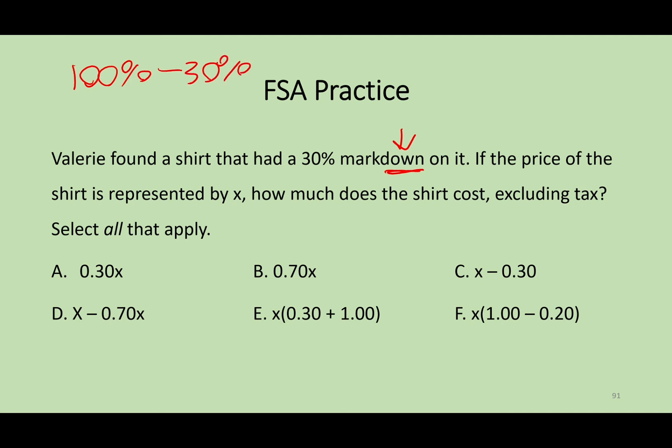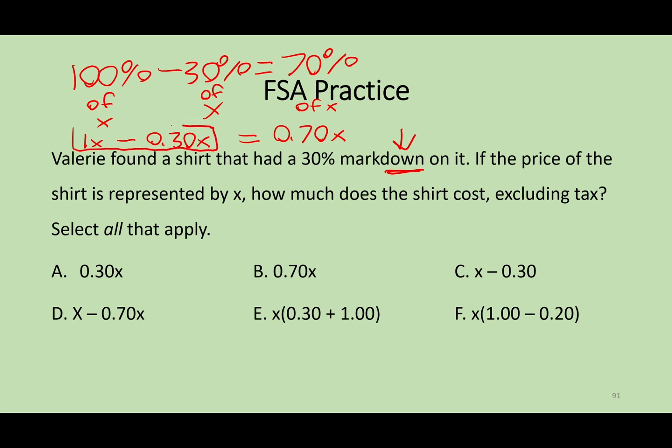If the price of the shirt is represented by X, so 100% of X, 30% of X equals 70% of X. Alright, so what they're telling me is 1X minus 0.30X, let's make this clearer so you guys can read it, equals 0.70X. So some possible answer choices are 1X minus 0.30X.